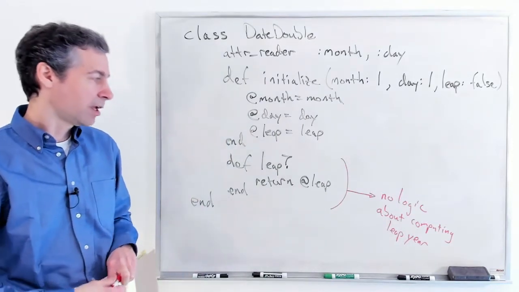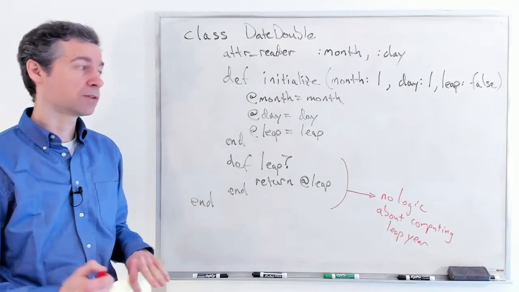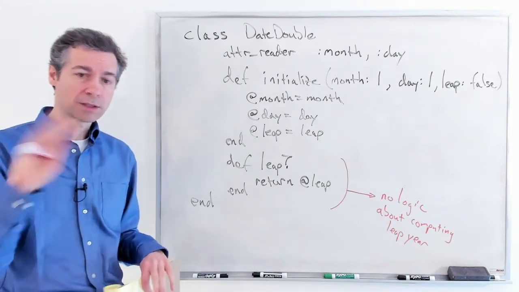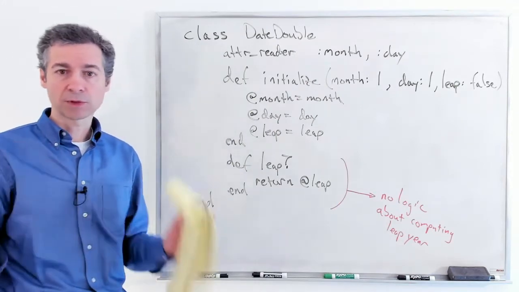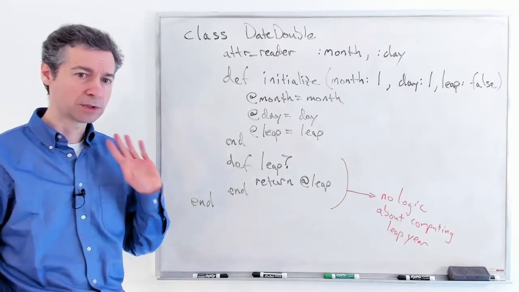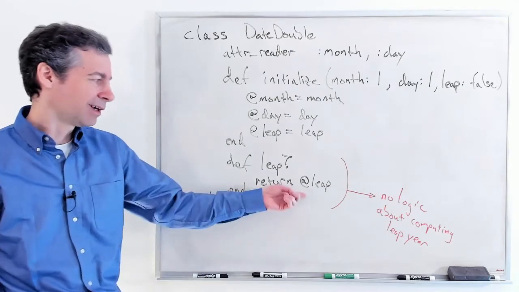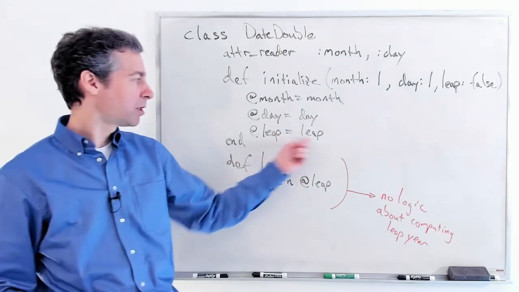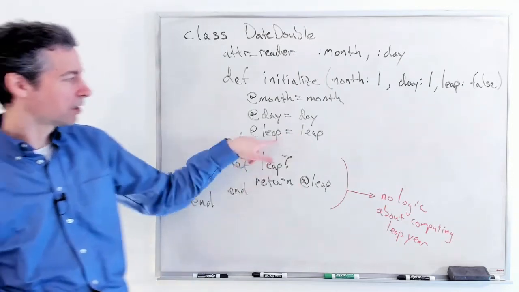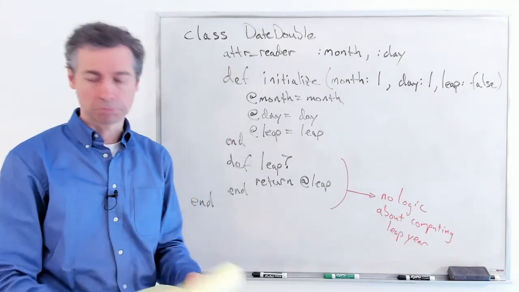It takes your month, your day, and your year, and does some if statements and whatever special rules it has to determine is it a leap year or not, and then returns true or false. All I'm doing here is spitting back out the value of leap.